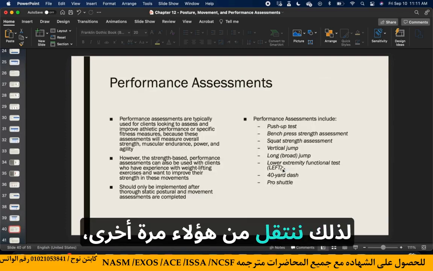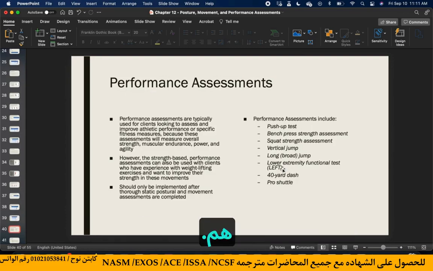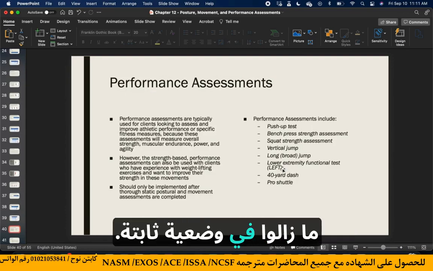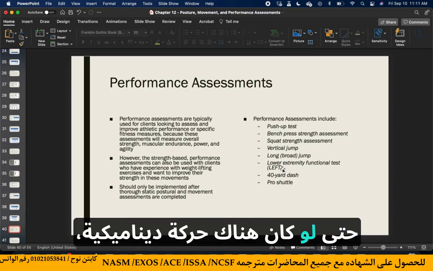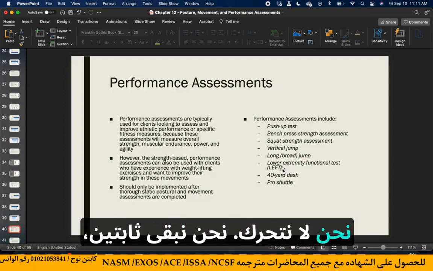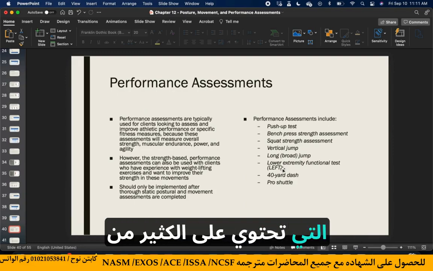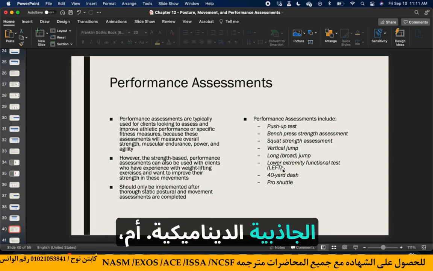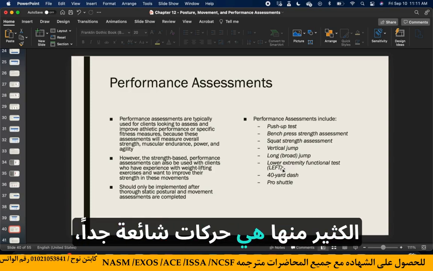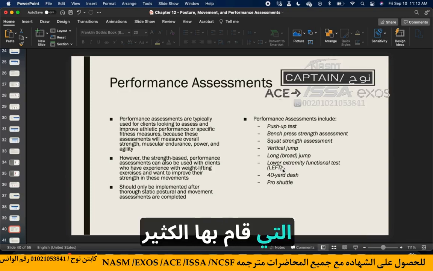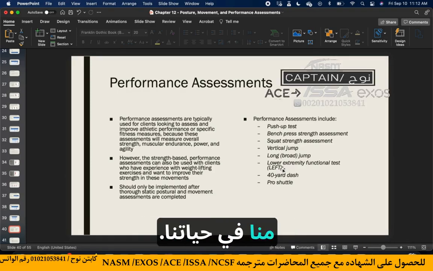Moving from those, they're still static positioning. Even though there's a dynamic movement, we're not going in motion. We're staying static, but doing a movement. Now we're going to get into the performance assessments, which have a lot more of that dynamic appeal. A lot of them are common motions that many of us have done in our lifetime.